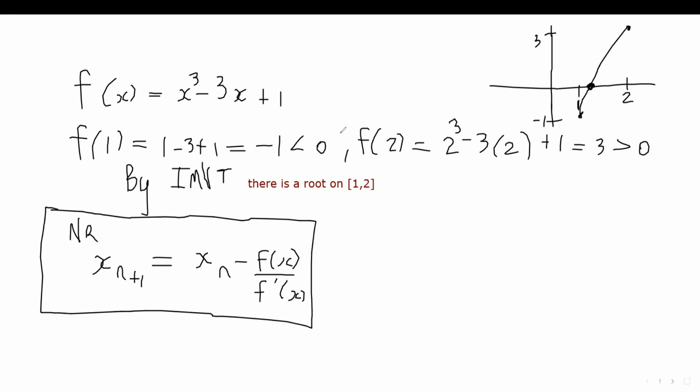So no worries, we already have f of x. So let's find f prime of x. F prime of x, when we differentiate, will be equal to 3x squared minus 3.